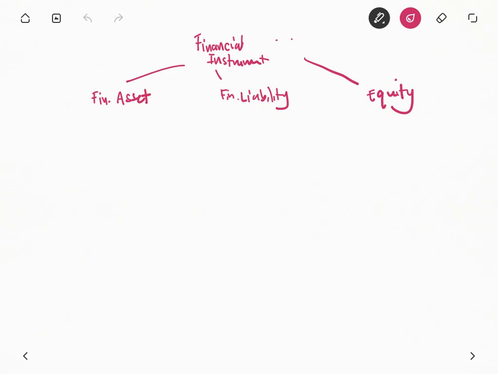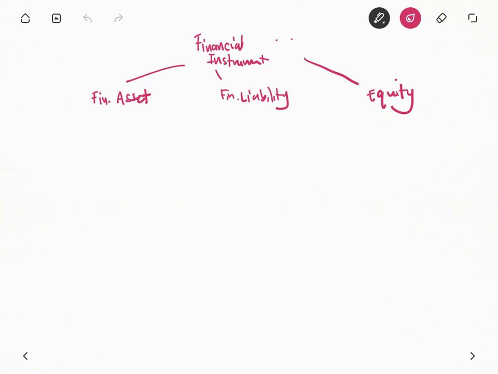IAS 32 is being developed to clarify the classification of liability and equity. So asset we know is debit side. Credit side can be liability, credit side can be equity. Correct or not? So if I were to credit, I record in my book credit, recorded as liability or recorded as equity, we have to decide. So the standard will tell us which one is liability, which one is equity.